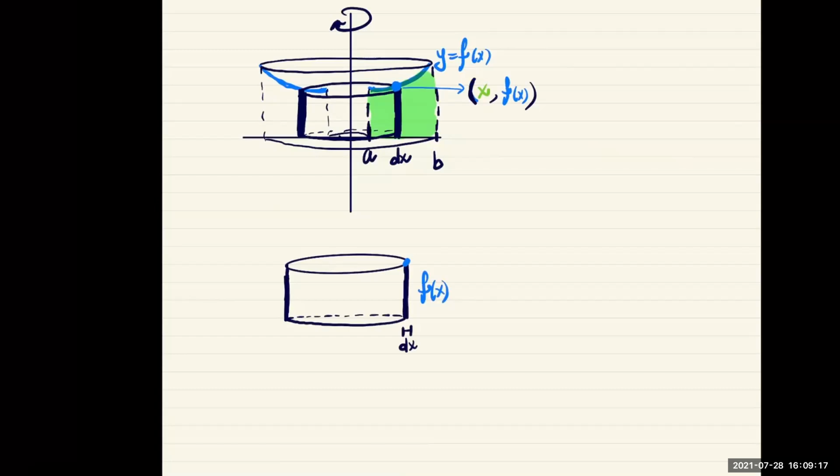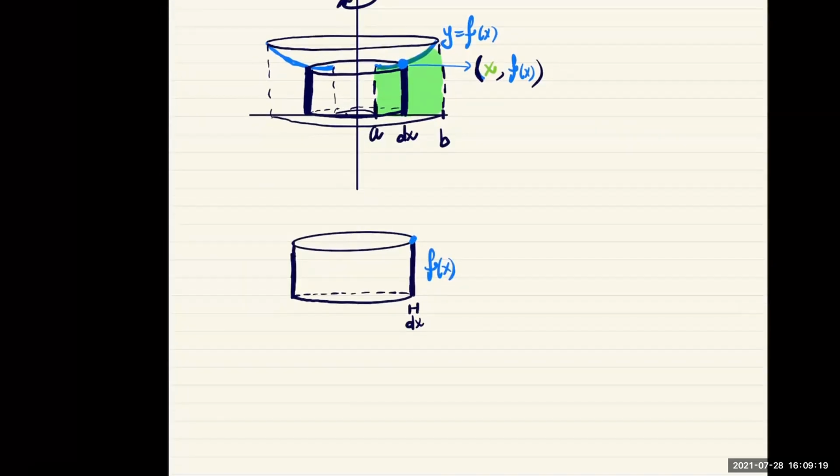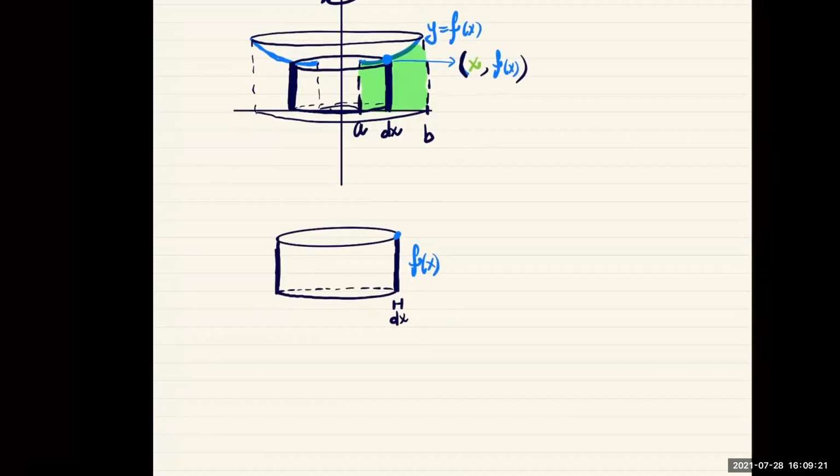And the radius is, look at that, this is x equal to 0, and from here to here again is x. So this radius here is just x.